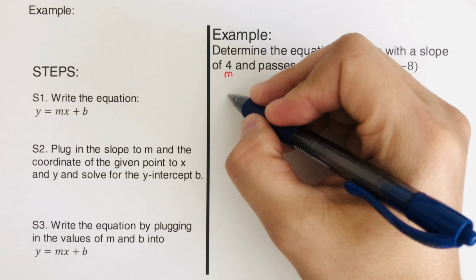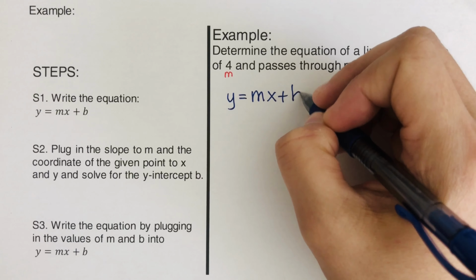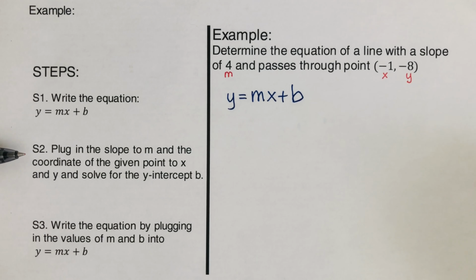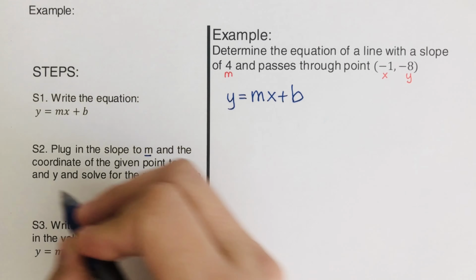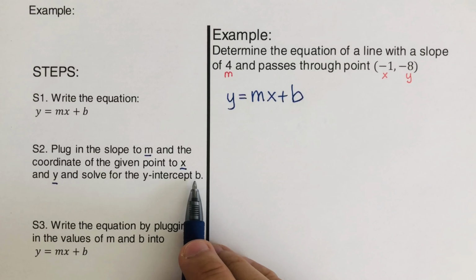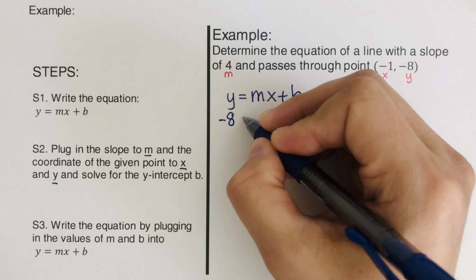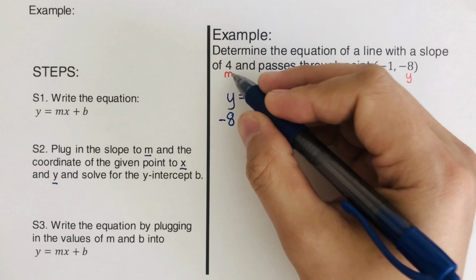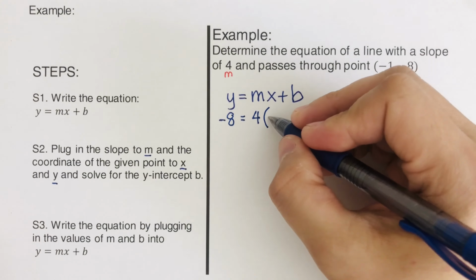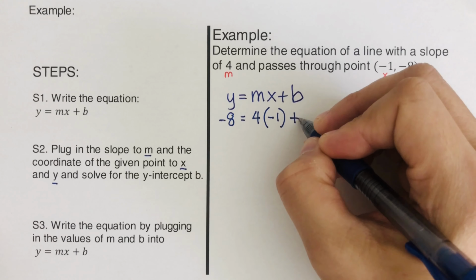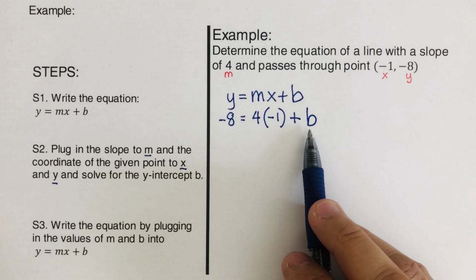Then the second step is to plug in the slope m, plug in the x and the y, and we keep the b. So our y here is -8, so I'm going to put that in there: -8 equals, our m was 4, and our x was -1. Again, in this step, we keep the y-intercept b because that's what we're looking for.